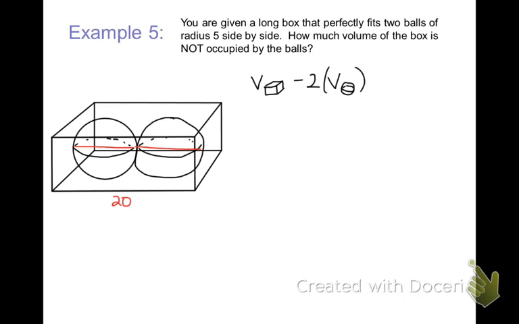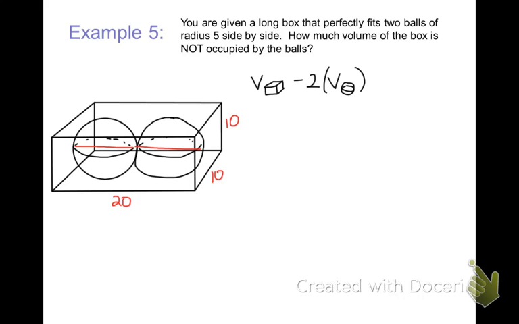All right. What is this distance? Is that 20 again? No. What is it? 10. 10, because you're only covering one ball, right, which would be 1 diameter. So 10, and then how about the height? 10 again, because it's just 1 ball high, right?